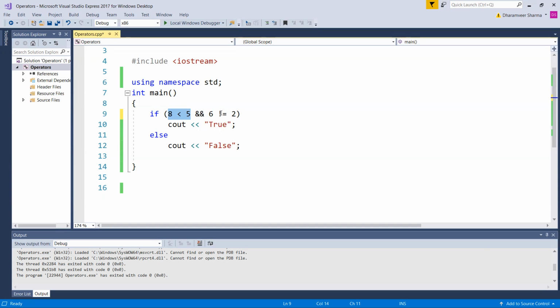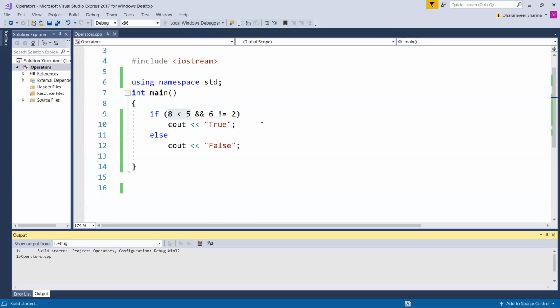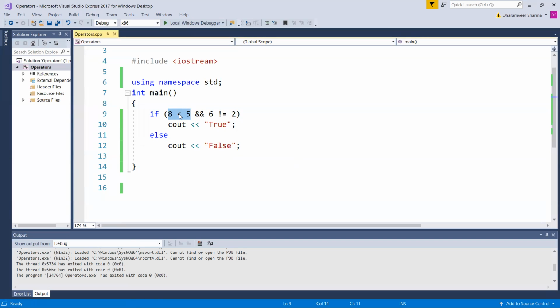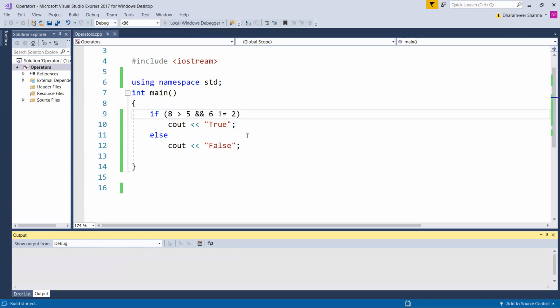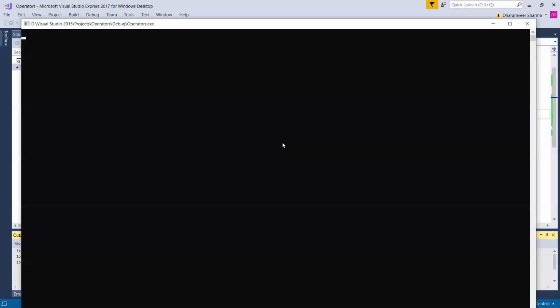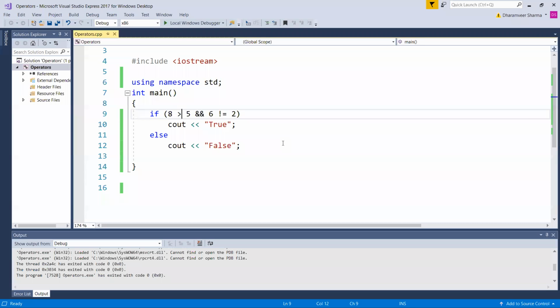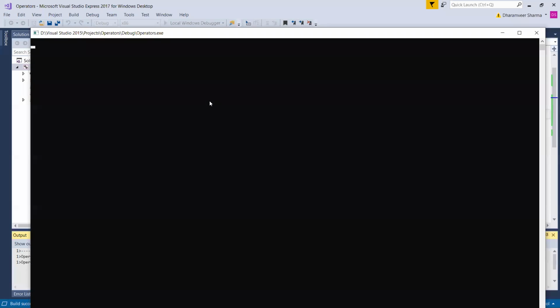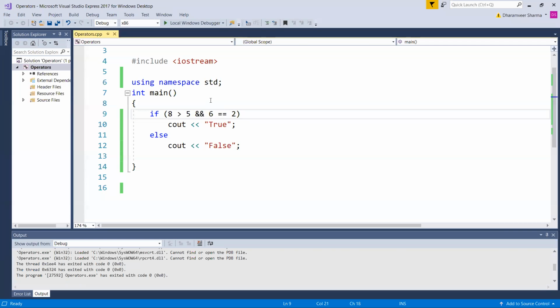First is false, second is true, then it will evaluate to false. So if I change it here, both are true, it will evaluate to true, right? And if I change it here, first is true, second is false, it will again evaluate to false. Okay.